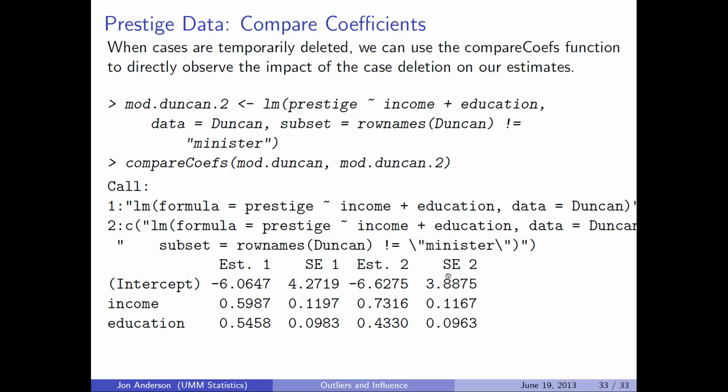You'll notice the standard error vectors are about the same. The variations are not changed much by getting rid of the case minister, but the education and the income effects are affected by the removal of minister, and you'd be able to discuss that in your report. Hope this is helpful.